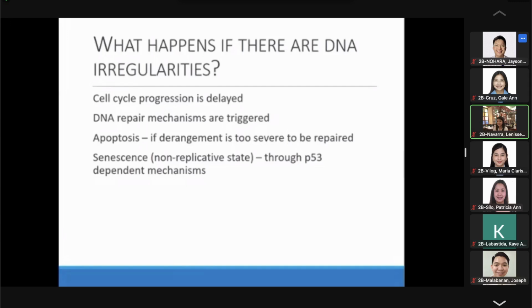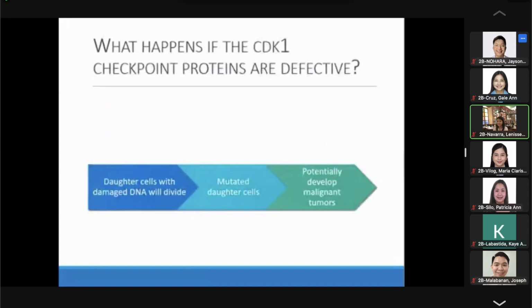Senescence is through p53-dependent mechanisms. Defective CDKI checkpoint proteins will allow cells with damaged DNA to still divide. This will result in mutated daughter cells that are at risk for malignant transformation.